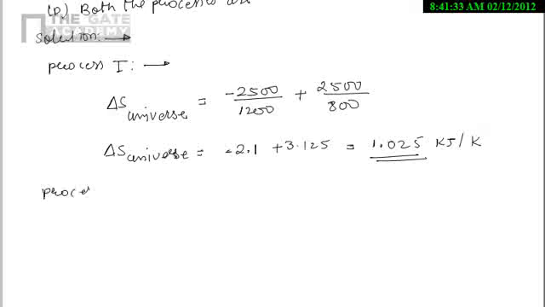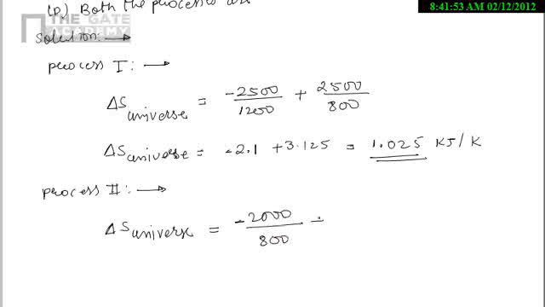Similarly, for the second process we have the same equation for del S universe. In the second process, the source is at 800 Kelvin and loses 2000 kJ of heat, so minus 2000 divided by 800, and the same heat, 2000, is gained by the sink at 500 Kelvin.